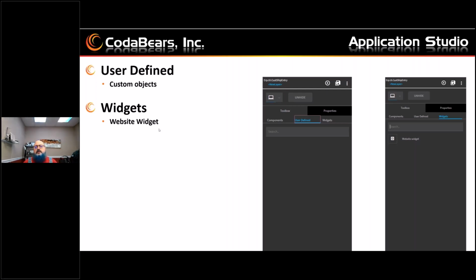Similar to our customer shipment entry or tracker, there was a button for display details for the shipment that would open a web URL, enter the tracking number, and display your proof of delivery. That would be a website widget that could be added. I would expect to see Salesforce widgets coming in the future. Concur for expense and receipt tracking. We're going to see more and more widgets as people get further and further into the software.